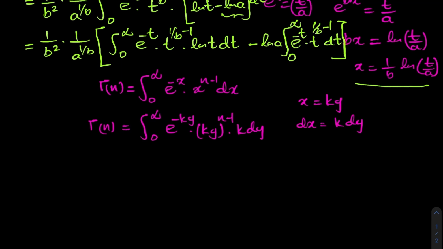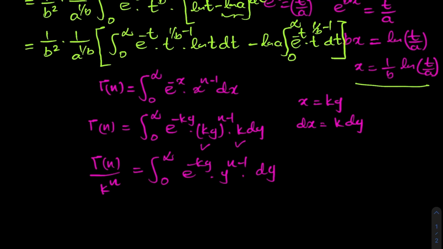Now we have k to the n minus 1 power and here k, so k to the n is a constant, so we can take it outside the integral sign. Also we can write gamma of n over k to the n is equal to the integral from 0 to infinity of e to the minus ky times y to the n minus 1 dy.